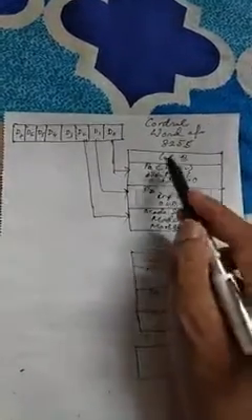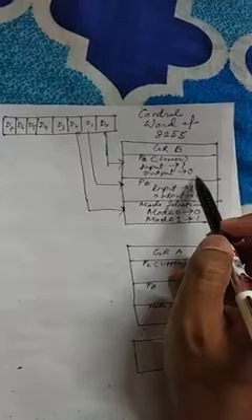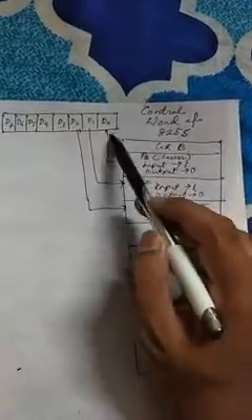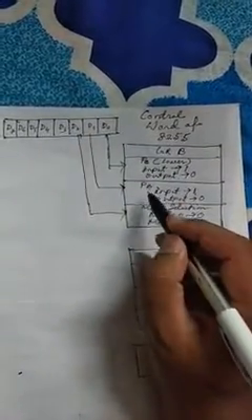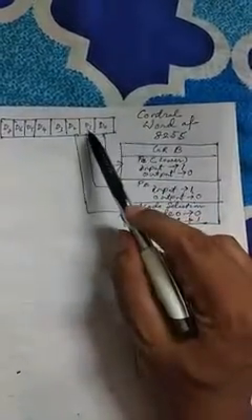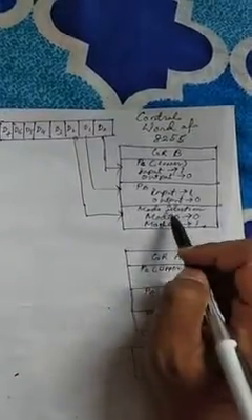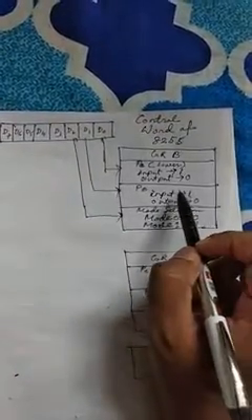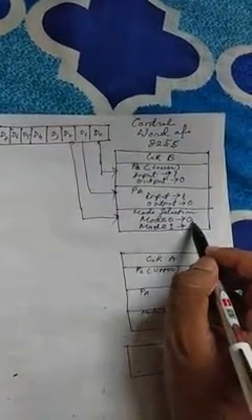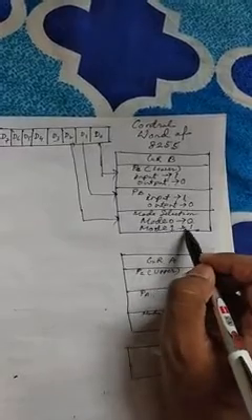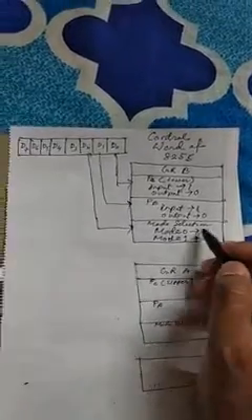So this is group B, where we are selecting port C input and output by D0, port B input and output by D1, and we are selecting modes of port B by using the D2 bit. If you write 0, then mode 0, and if you write 1, then mode 1.